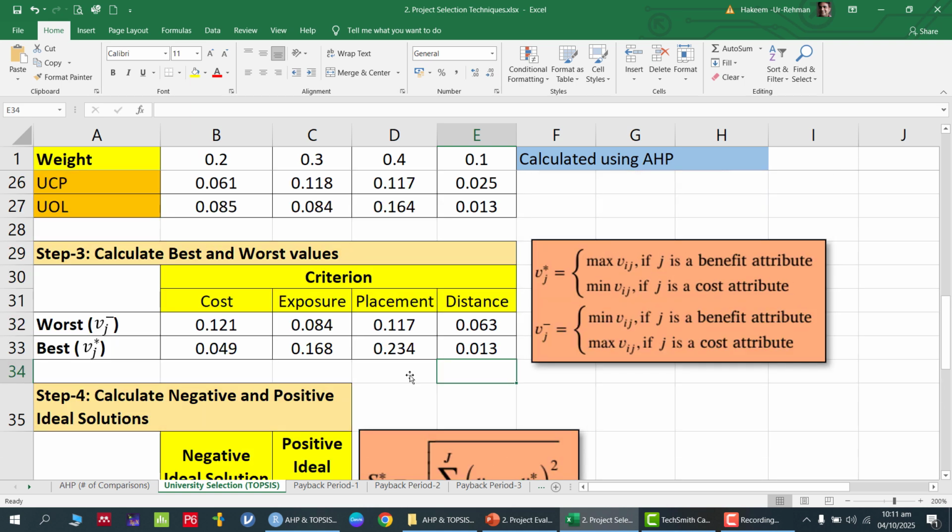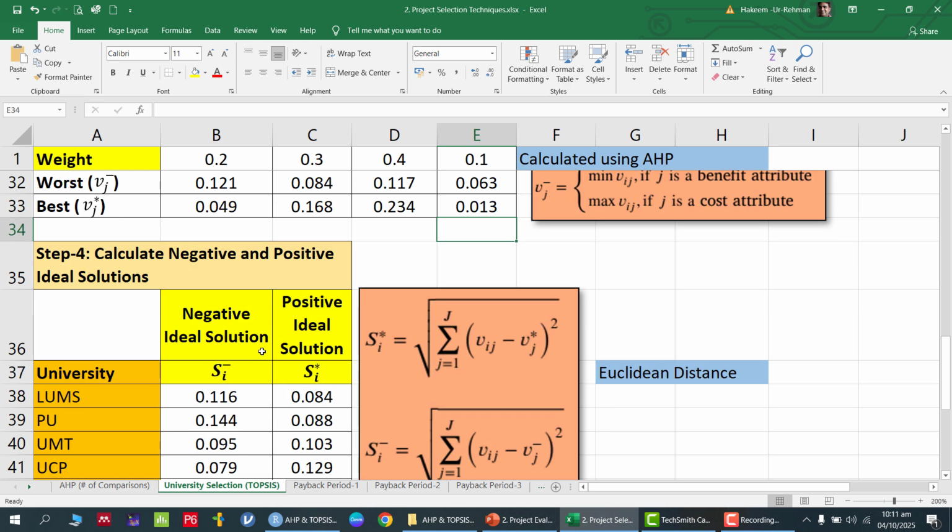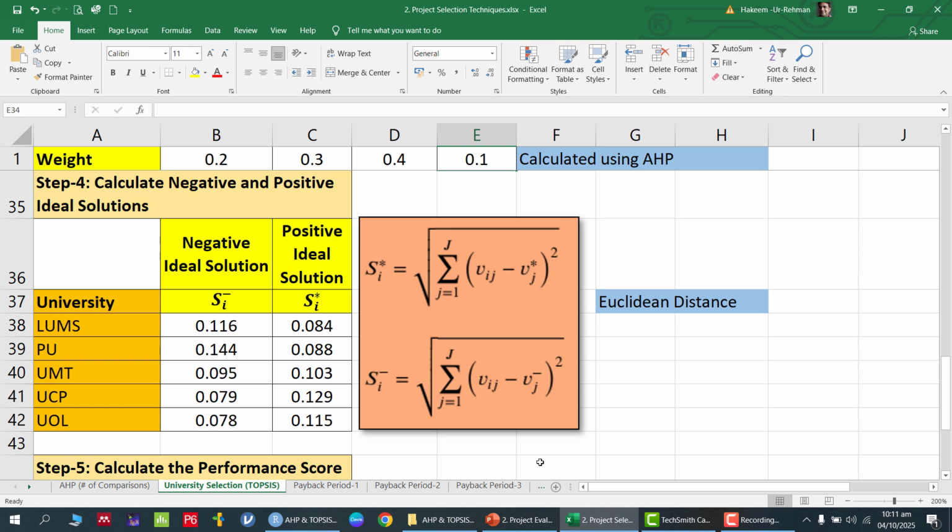Okay. Now, using these values, we are going to calculate the negative ideal solution, as the definition of TOPSIS says, as well as the positive ideal solution, because based on these we are going to find out the best alternative.